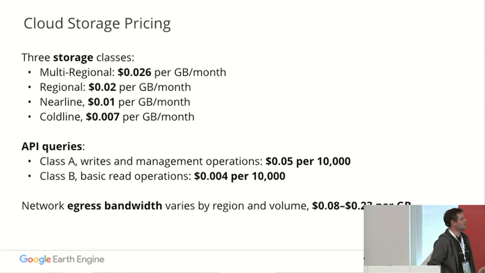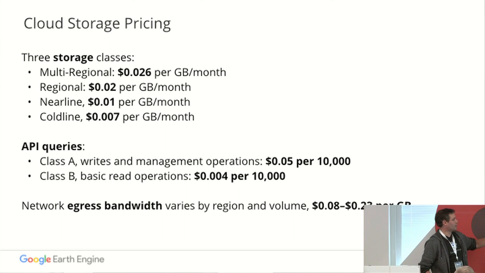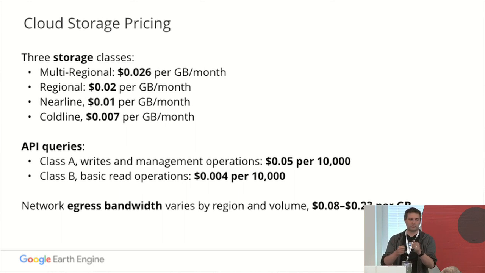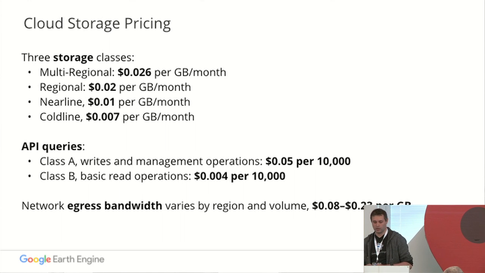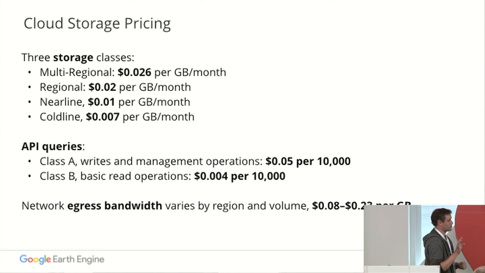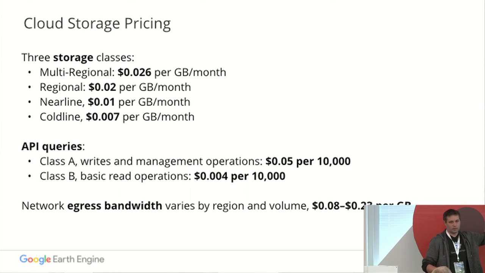But the basic idea is that the storage amounts vary based on the type of storage. And then there's pricing per query. It's a much lower price for queries that are basic read operations, and a higher price for queries that actually involve managing or mutating the data in some way. And then one price that's important to bear in mind if you're serving data is egress bandwidth.